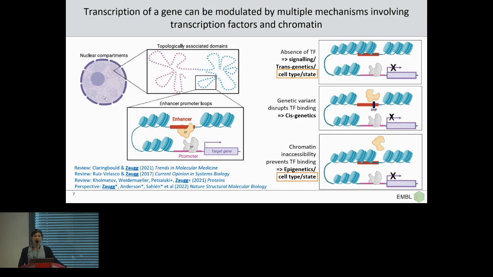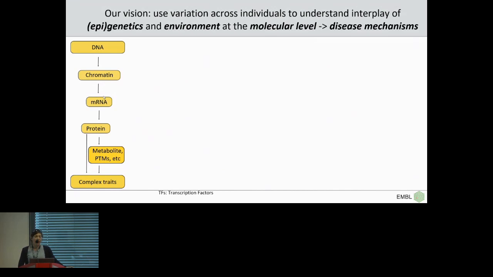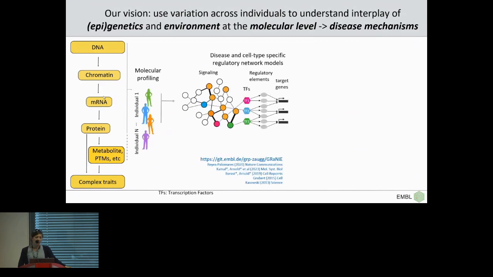So cell type and cell state are really important contributors for understanding what may drive differences in gene expression. And this really brings me to our vision in the group, which is to use variation across individuals and integrate these multiple layers of genetics and epigenetics to understand disease mechanisms at the molecular level. So essentially we do molecular profiling.